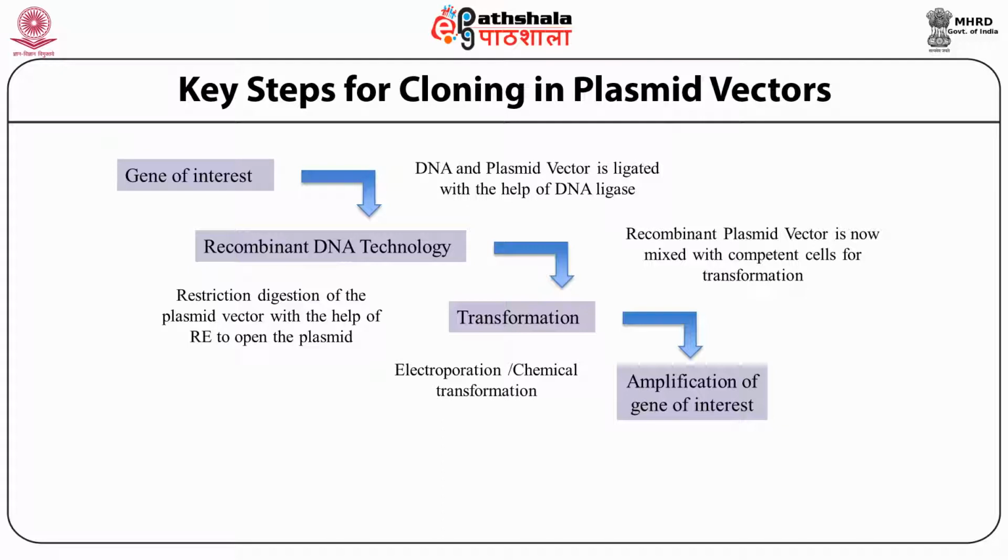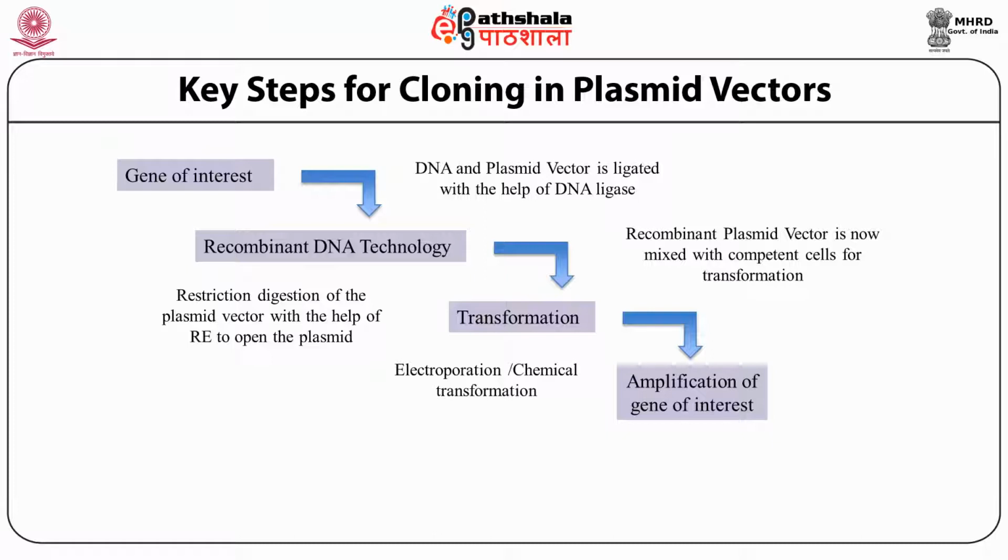When both are cut with the restriction enzyme, DNA ligase joins both ends, the foreign DNA and the cloning vector, and now it is called a recombinant plasmid vector, which is transformed into a host cell compatible with that cloning vector. When a recombinant vector is introduced into the host cell, it starts replicating and our gene of interest is amplified.